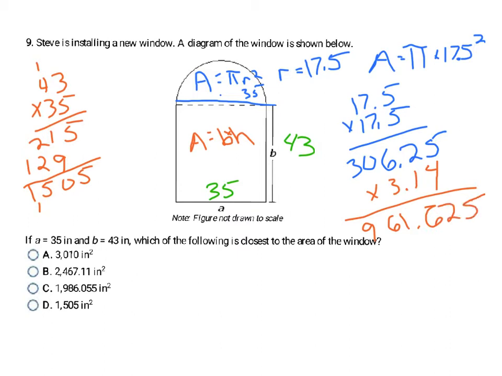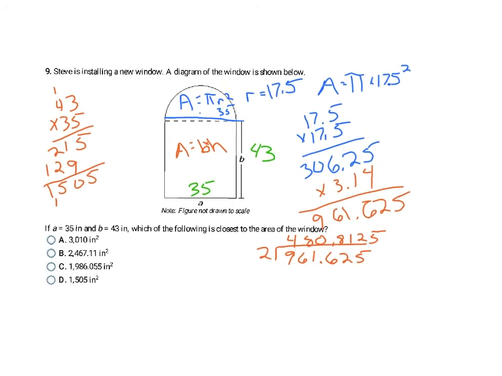And then that's the area for the entire circle. So I have to take that number and divide it by 2. And when you work that out, you should get 480.8125. And I finally have the area of the half circle.